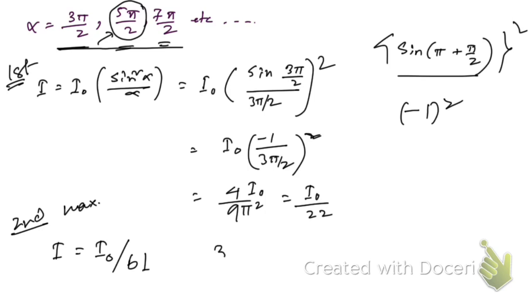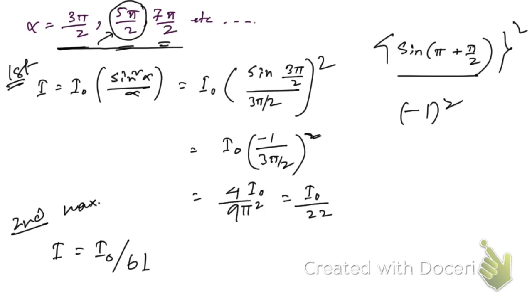And similarly for the third secondary maxima, you're going to get I equal to I naught by, I have to calculate that, so I don't want to waste more time, it's already too long.